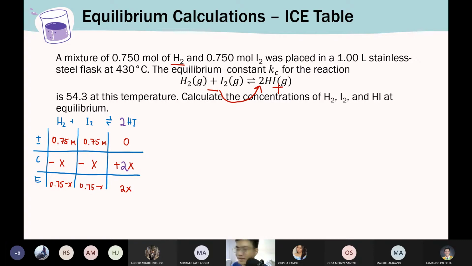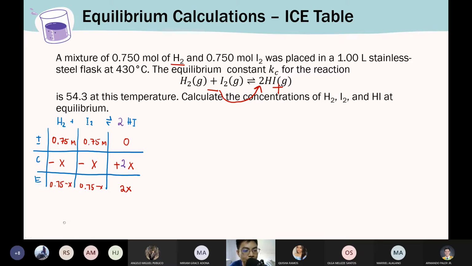Kunwari, ito ay 3x, edi dapat, 3HI. So, magiging 3x yan. Pag yan ay 5, edi 5x. But in our problem, it's 2HI, so 2x siya.